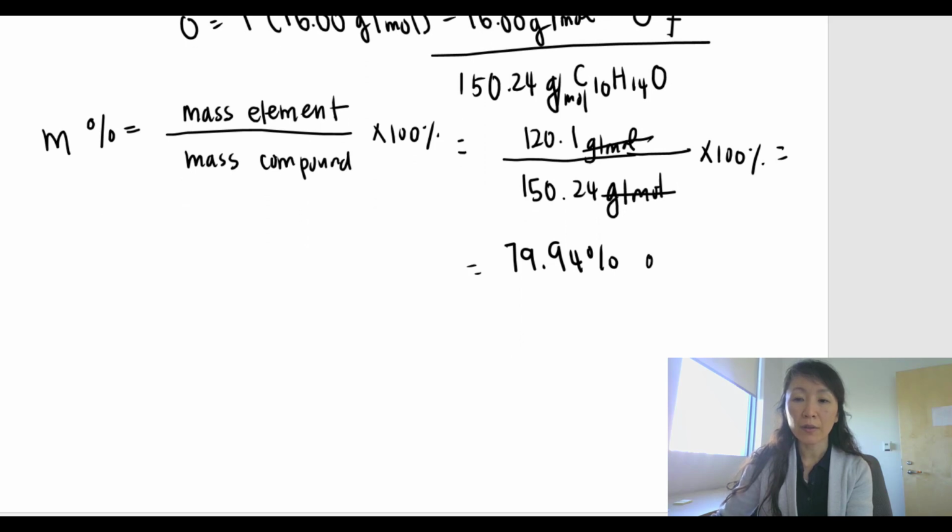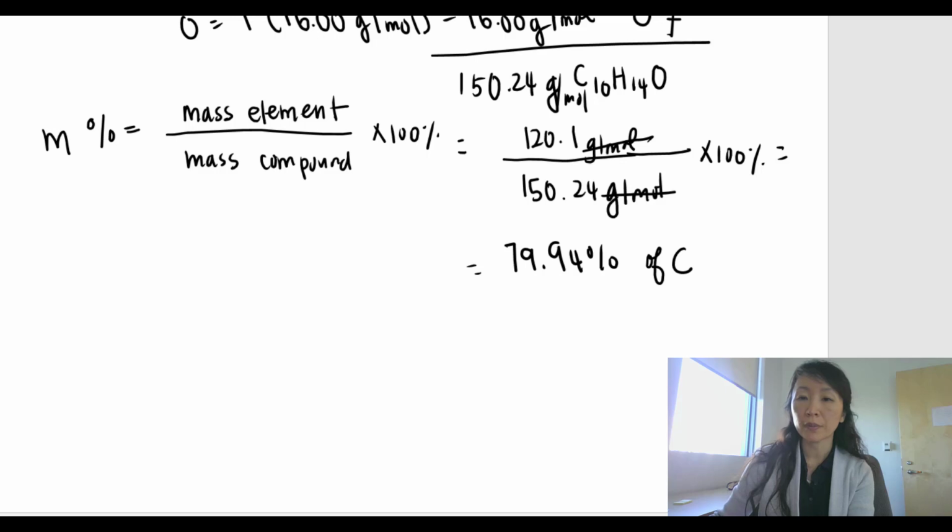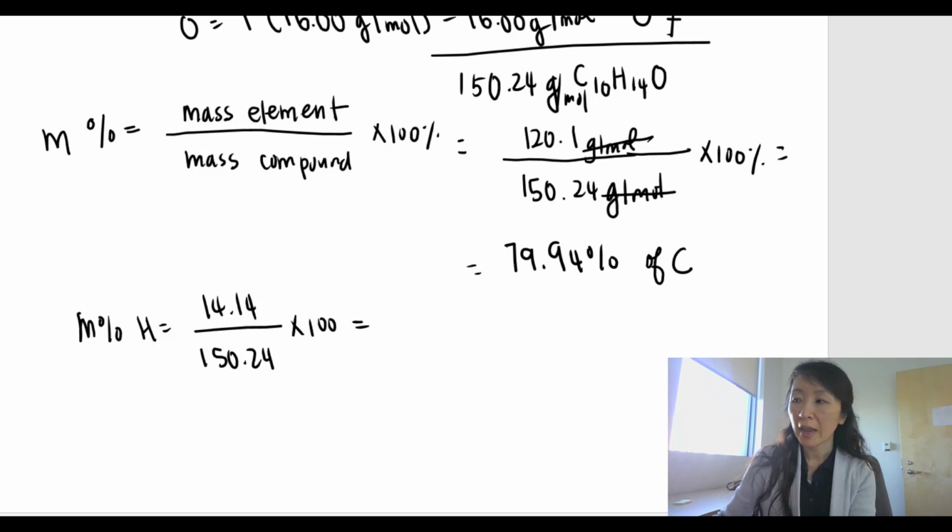So hydrogen, the mass percent for hydrogen was 14.14 over 150.24 times 100, and I should get, sorry, I already pre-calculated this one, 9.412% of hydrogen.